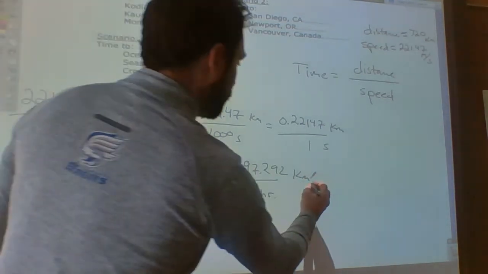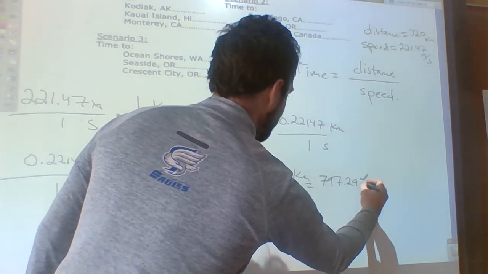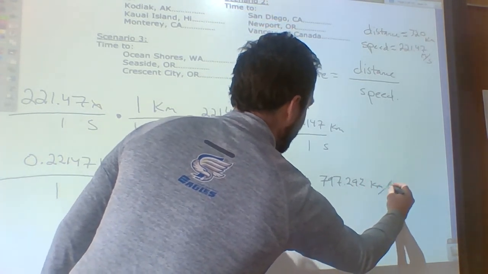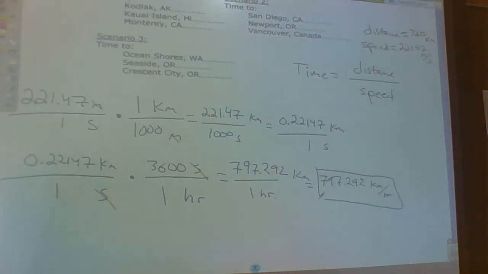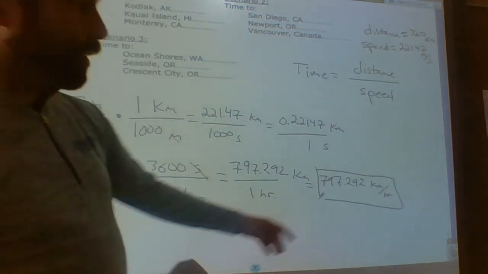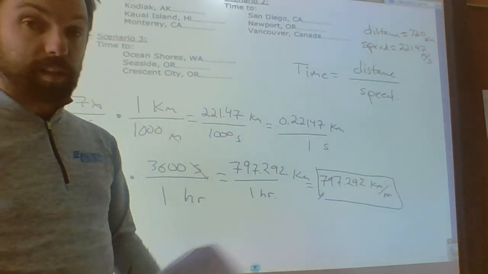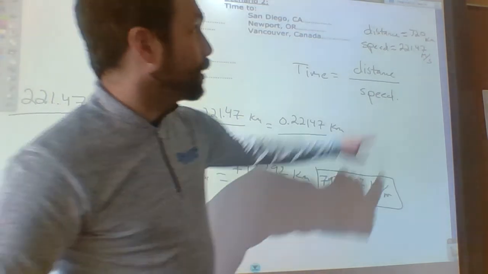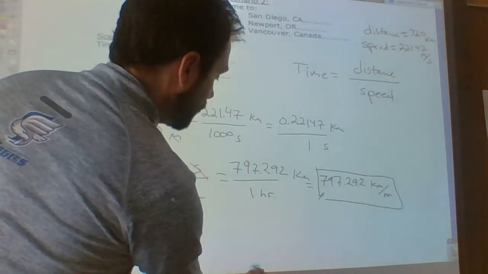Okay, and we could just write that as 797.292 kilometers per hour. Right? So that's our last conversion. So we changed our speed to 797.292 kilometers per hour. I have my speed and distance, and I can use the time formula to finish.